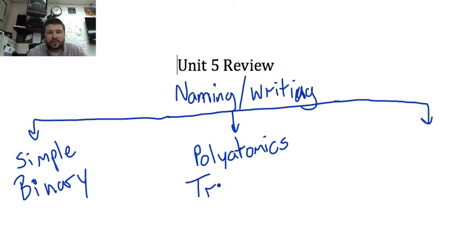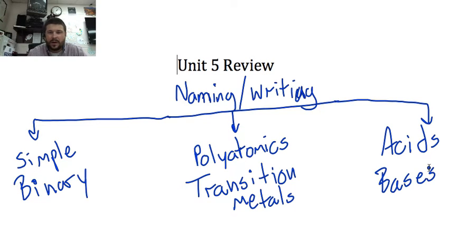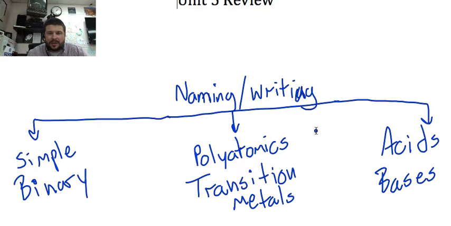And then we introduced also the transition metals there. And then we also introduced acids and bases. All right, so we're going to take a little bit and review some of these one by one.